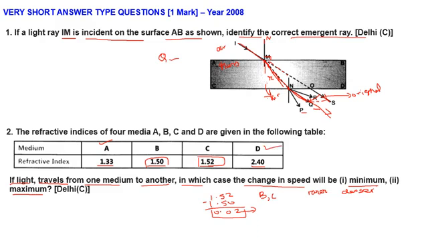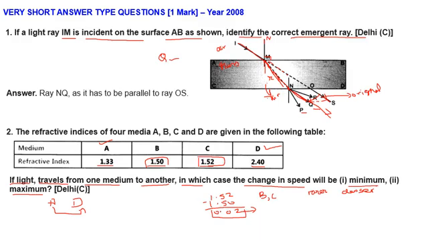So the second answer will be medium A and medium D. When light travels between medium A and medium D, it is going to bend maximum, because there is a large difference in the refractive index. That means the speed is decreasing very fast, and there is more decrease in speed, so there will be more bending of light.